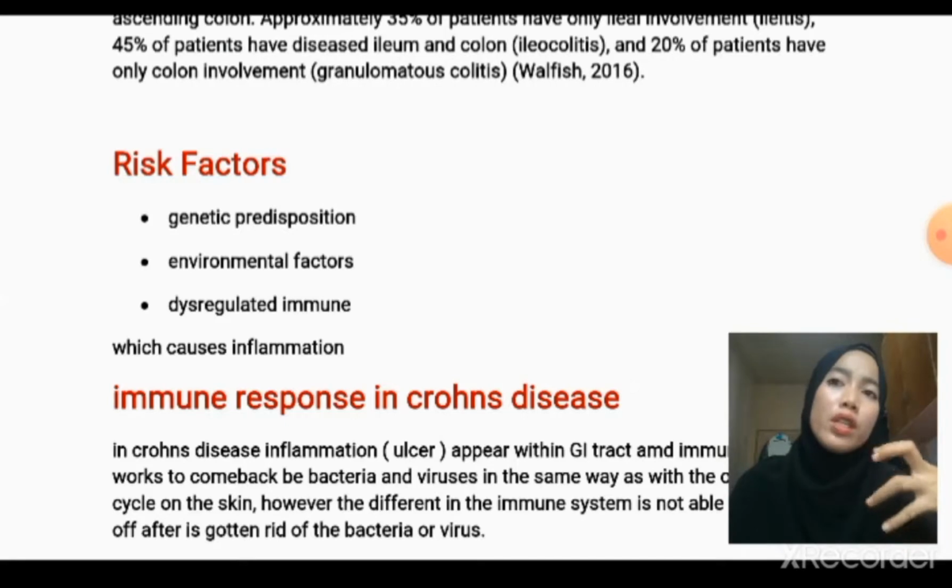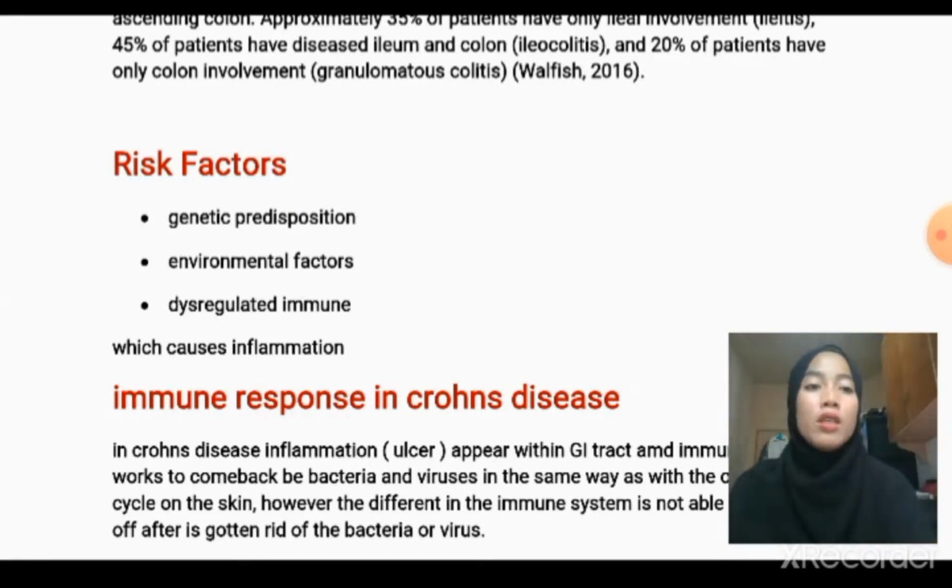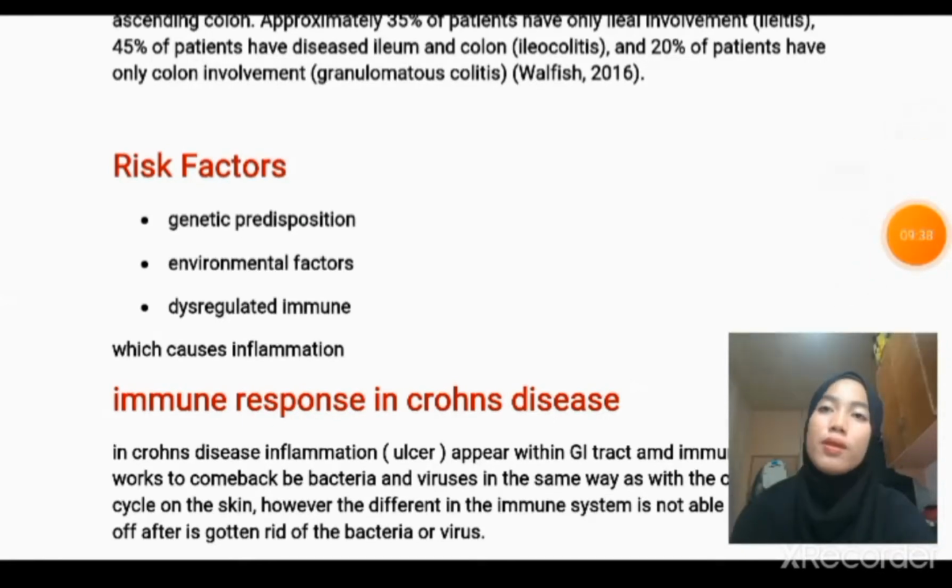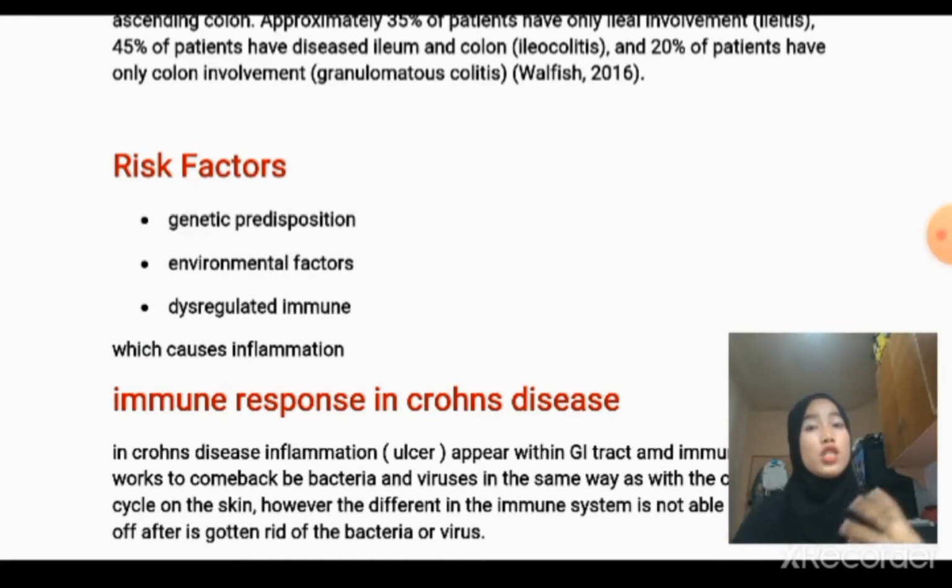The environmental factors that may contribute to Crohn's disease include infections, smoking, antibiotics, and anti-inflammatory drugs known as NSAIDs. One way that the body can protect against potential bacterial threats is through inflammation. So, the immune response in Crohn's disease: inflammation is an ulcer.